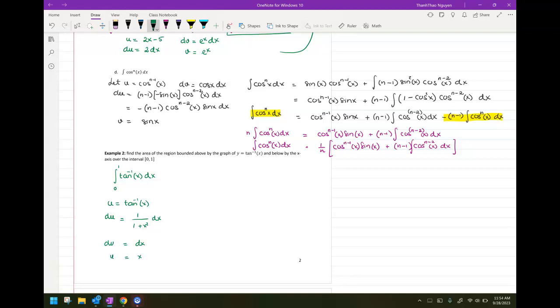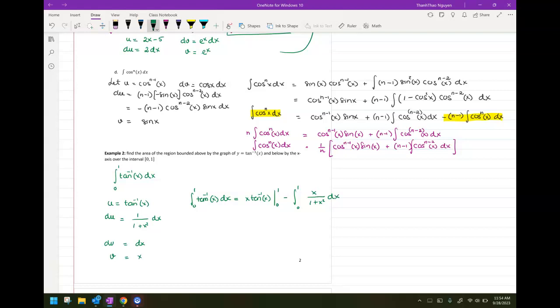Then this integral becomes u times v, so that is x tangent inverse of x, evaluated from 0 to 1, minus the integral from 0 to 1 of v du, that is x divided by 1 plus x squared dx.